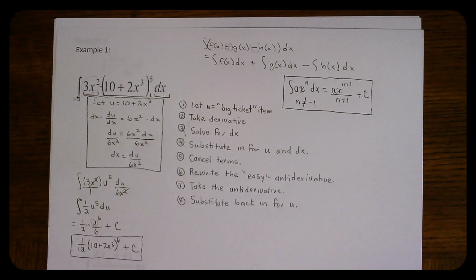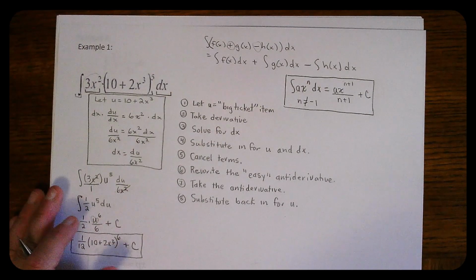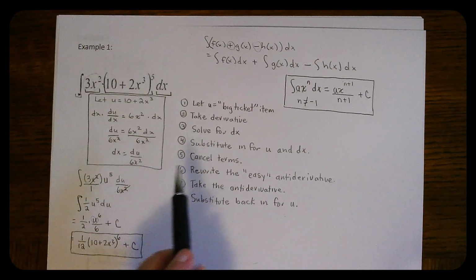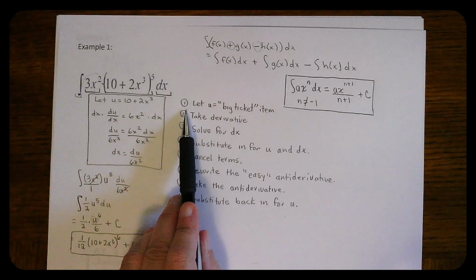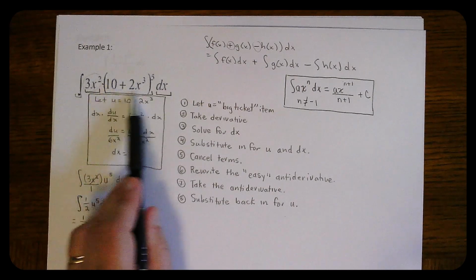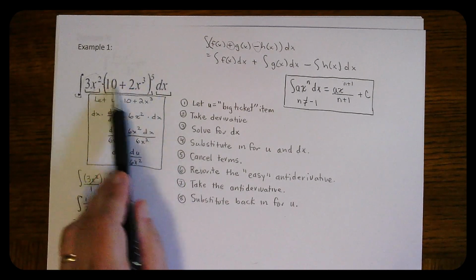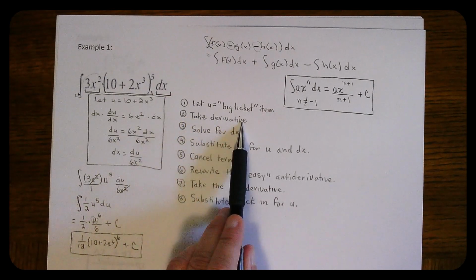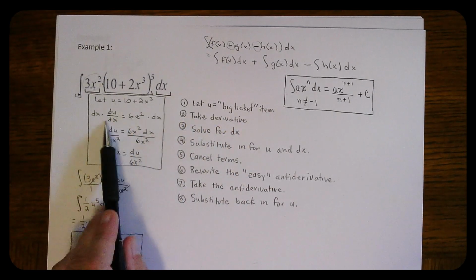Okay, so I've written down the steps for you so you can write those down or just refer back to this video. But again, the first thing you're going to do is let u equal the big ticket item, the binomial or trinomial or whatever that's being raised to a power. And you're going to take the derivative using Leibniz notation.